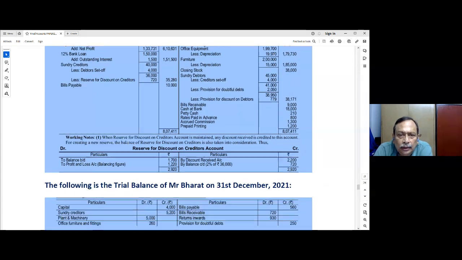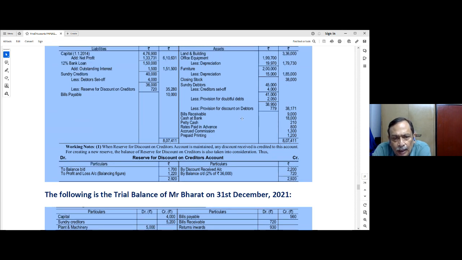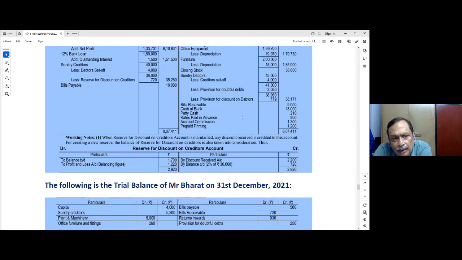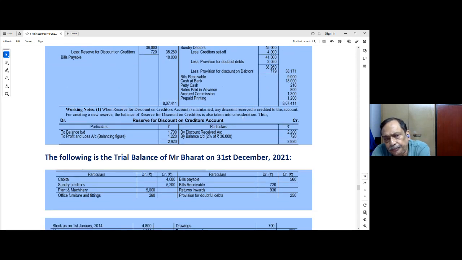So we see that your total liability is equal to your total assets, which is 8,07,411.